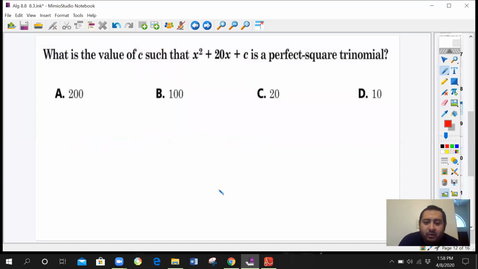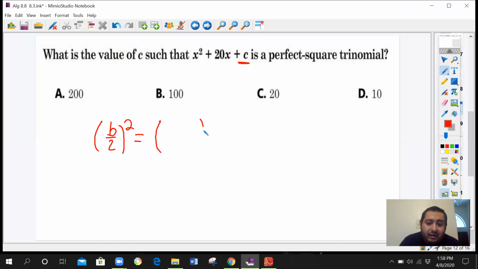Let's practice this one more time. We use a formula to solve for our C to get a perfect square trinomial. Again, our formula is b over 2, squared.